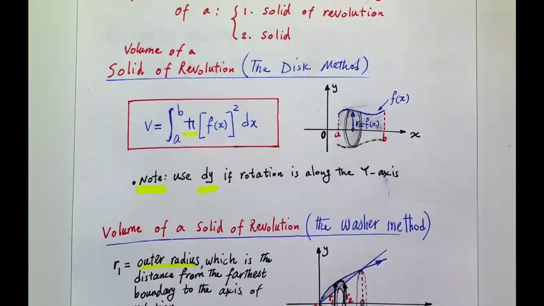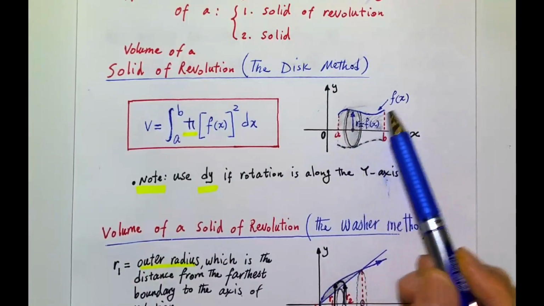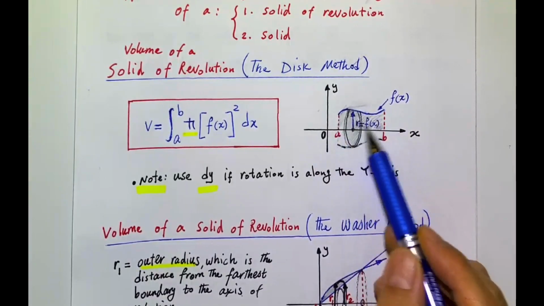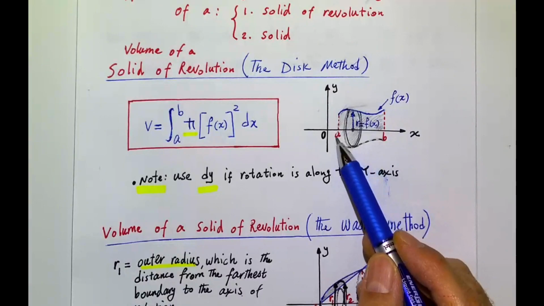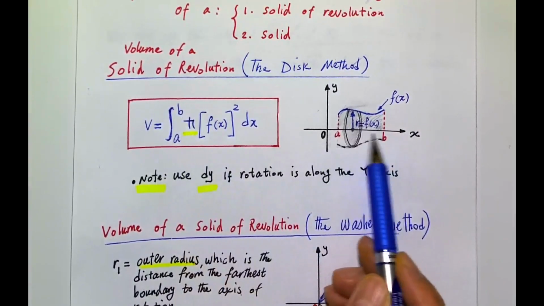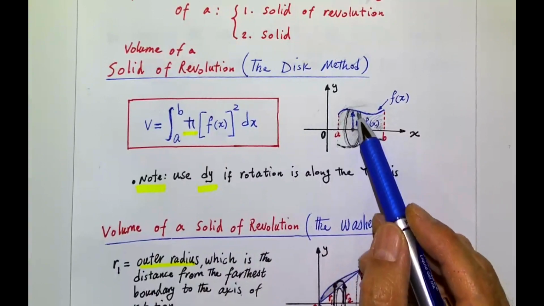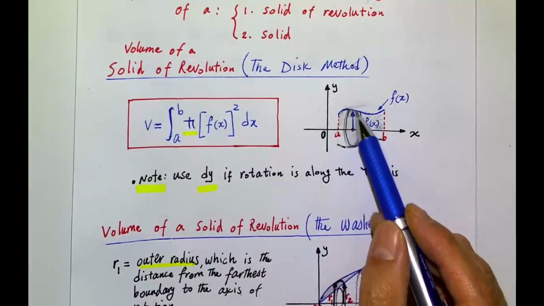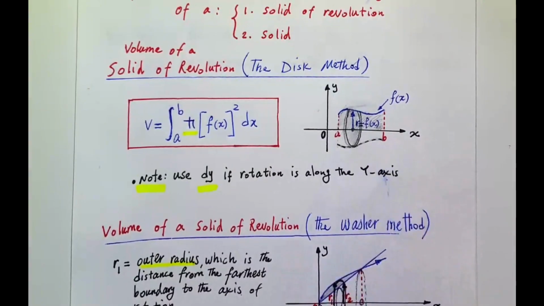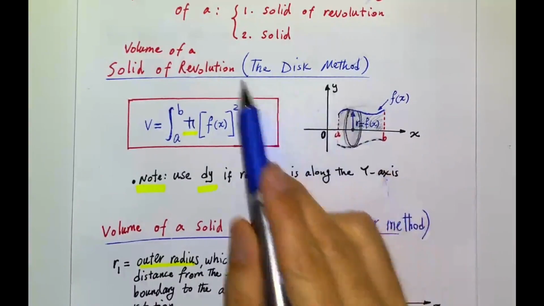The reason is that the area under a curve, as we use that area under this curve to integrate, let's say, between A to B along the x-axis, we can either model that area using a disk, that is a solid disk with no holes in it, and we call that the disk method.